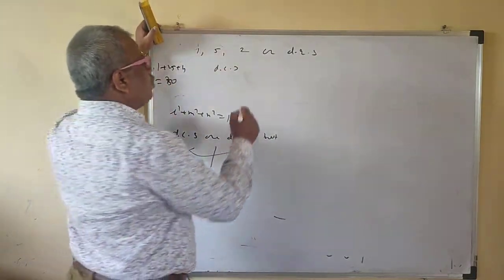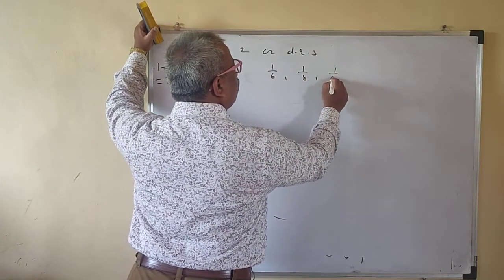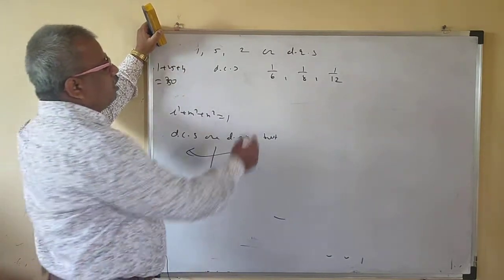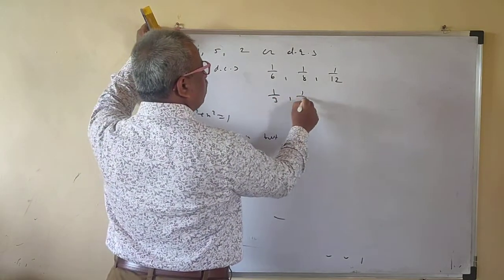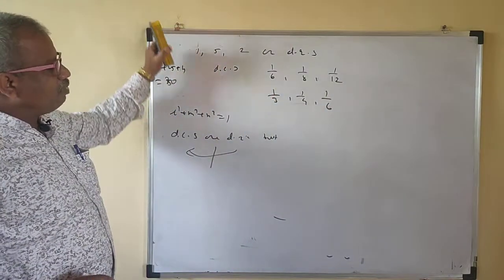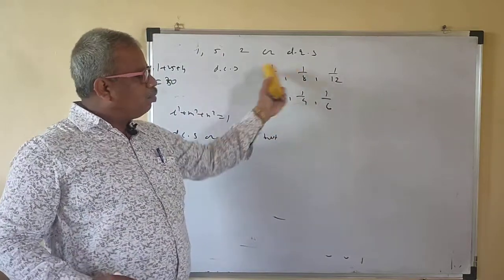Note that if 1 by 6, 1 by 8, 1 by 12 are suppose the DRs, then we can write this as 1 by 3, 1 by 4, 1 by 6, because we multiplied by 2. Both are the same, so both lines are parallel.